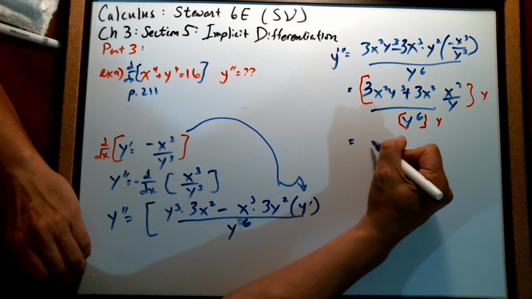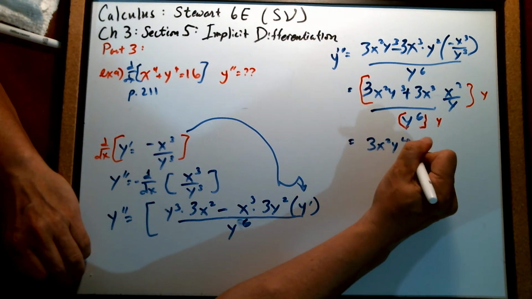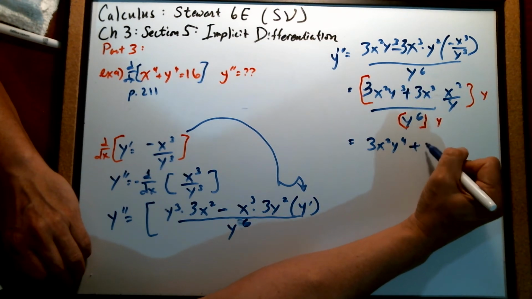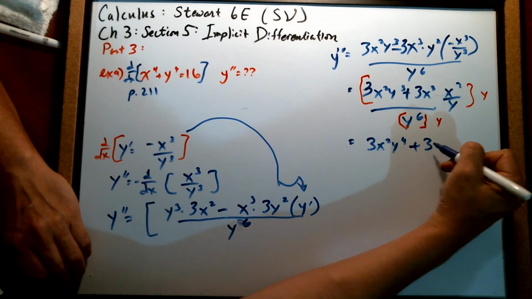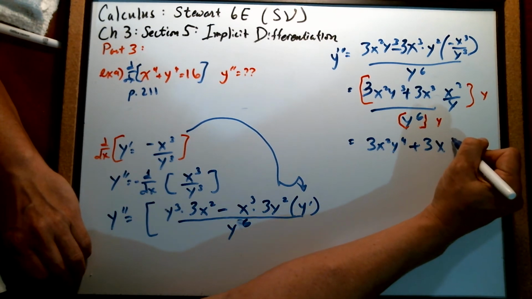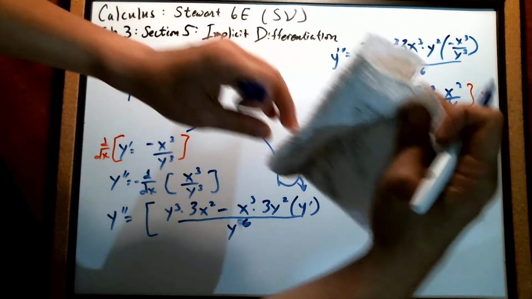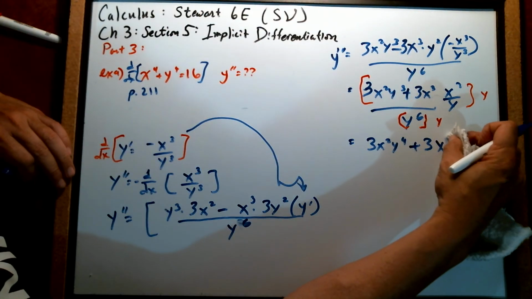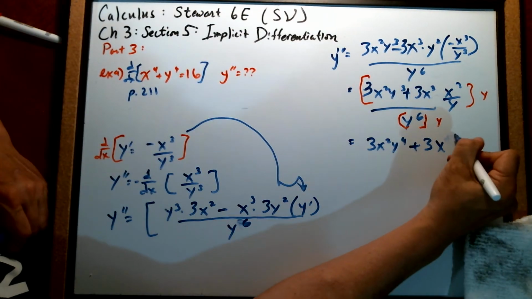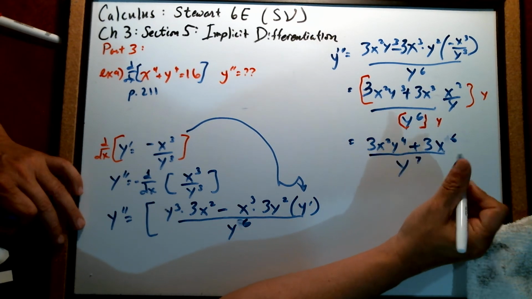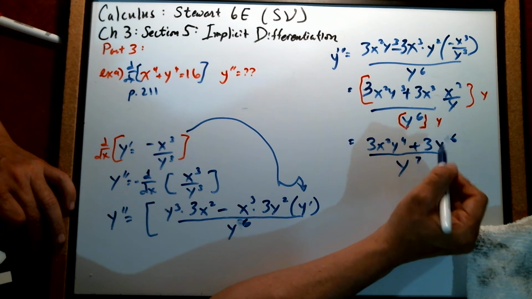You end up with just 3x squared y to the fourth, since y to the third times y is y to the fourth, plus we take out 3, x cubed, and x cubed times x cubed is just x to the 6 right there, all over y to the 7th. Y to the 6 times y is going to be y to the 7th.